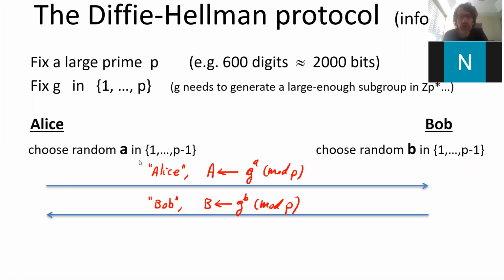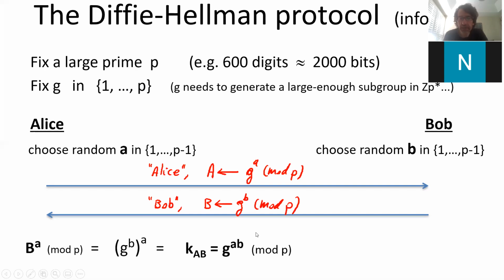Okay. So in that setting, Alice is going to take a little exponent a and send G to the a. So this is a random group element in this group. Bob is going to do the same with his little exponent b. And as we saw last time, both parties can compute this key.